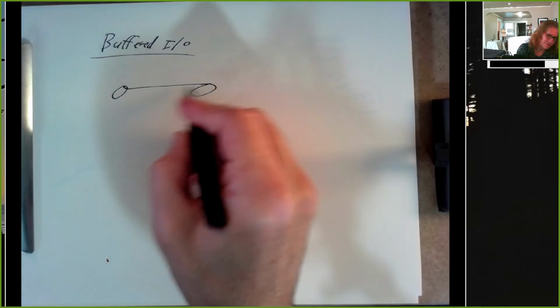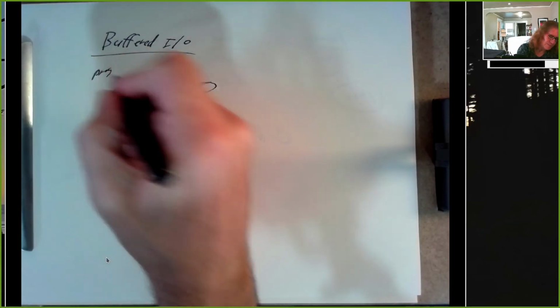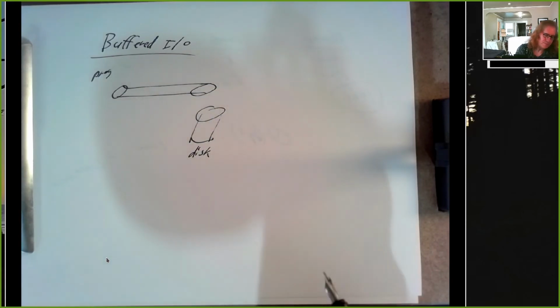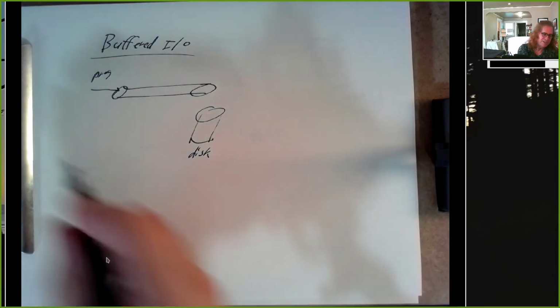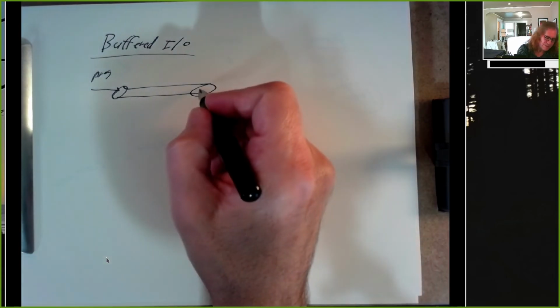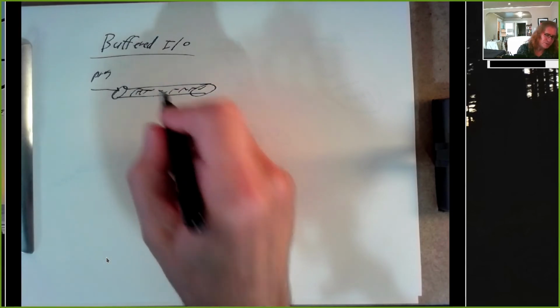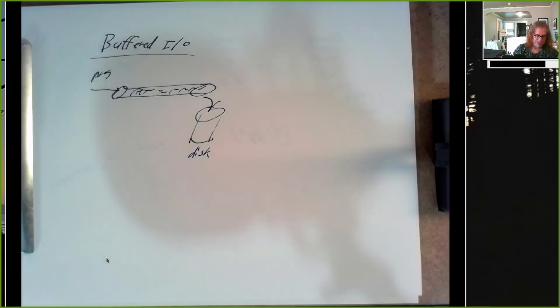There's this buffer. So here's our program. Here's the disk. When I say put something to the disk, it actually goes into this buffer, and it will hang out here until there's a bunch of stuff stored up, and then it'll all get written out to the disk at once. It's an efficiency consideration.